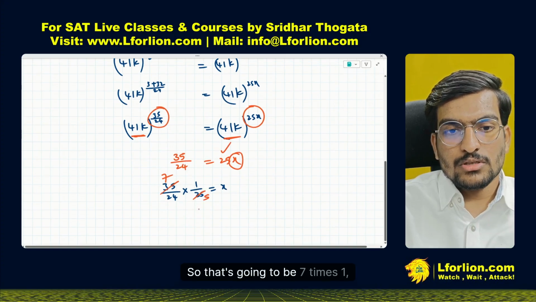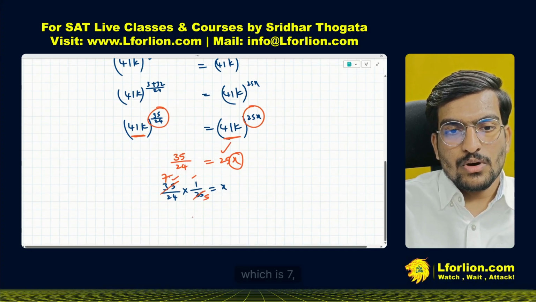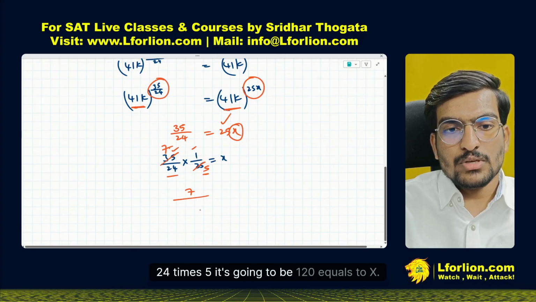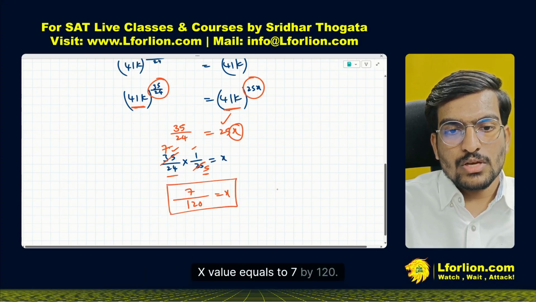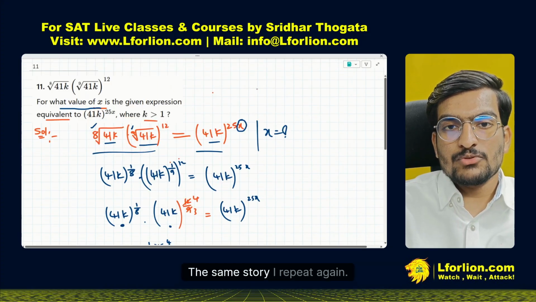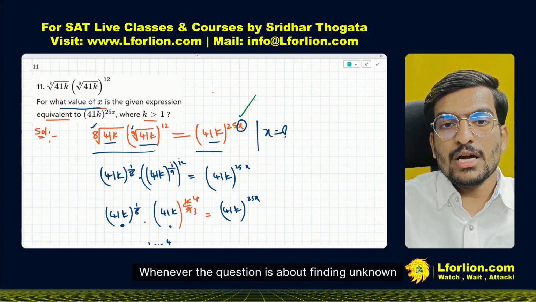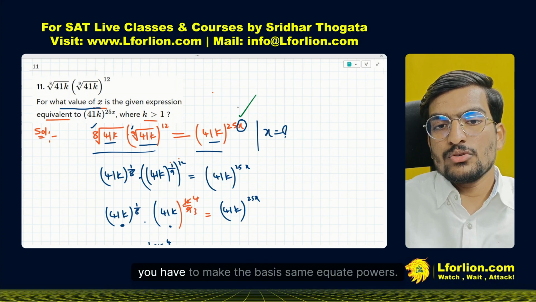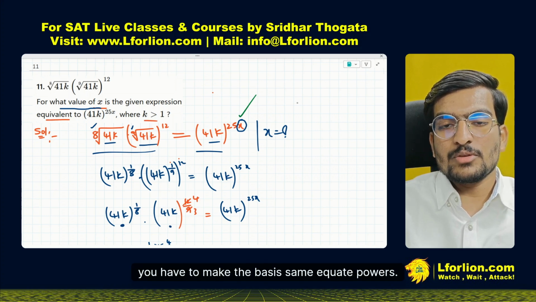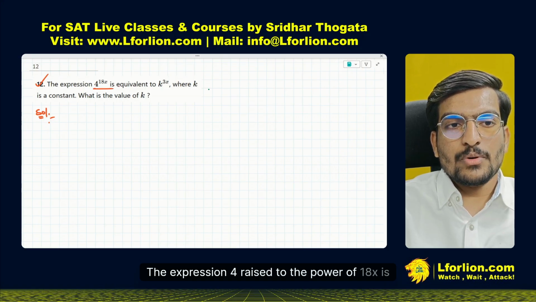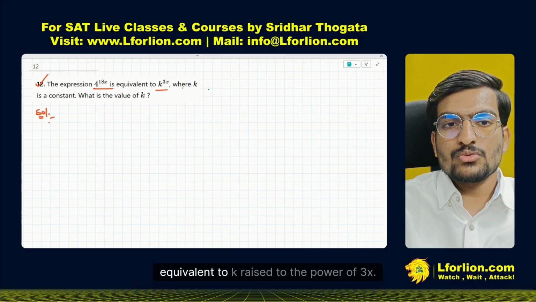So that's going to be 7 times 1, which is 7. 24 times 5, it's going to be 120 equals x. X value equals 7 by 120. The same story I repeat again. Whenever the question is about finding an unknown which is in the exponent, you have to make the bases the same and equate powers.